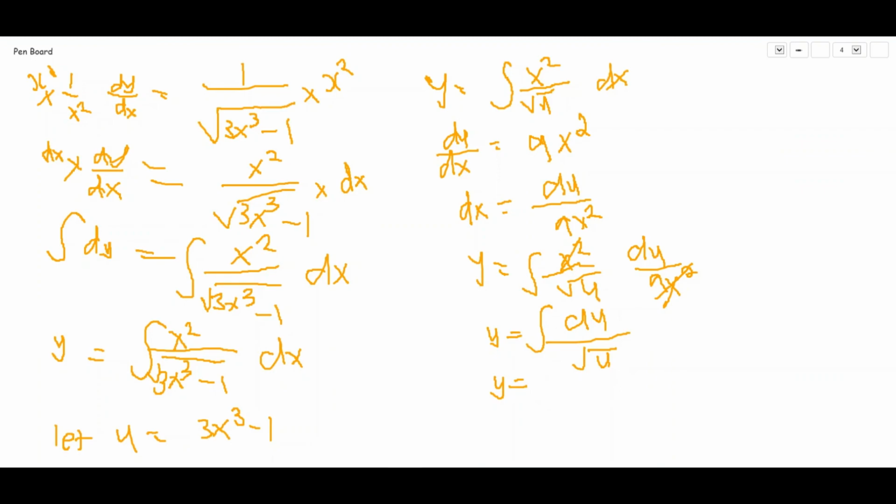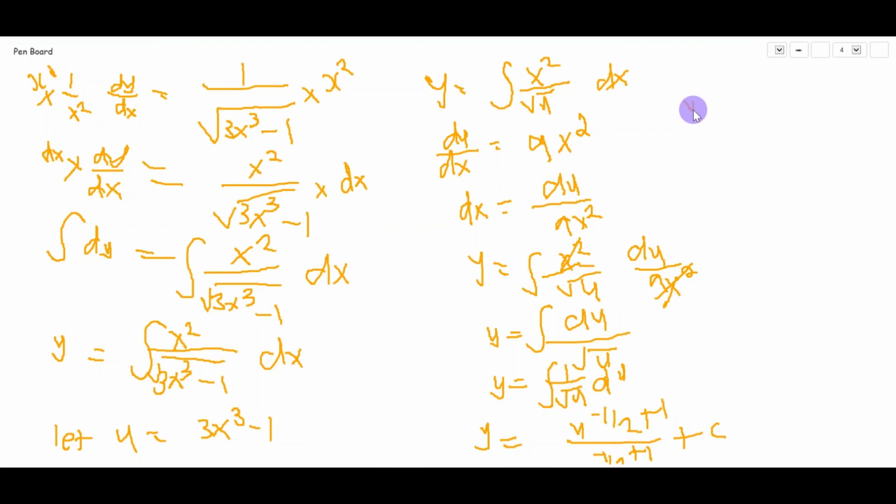Then from there we need to integrate this now. What is the integration of 1 divided by root u? It will just be u to the power of minus 1 over 2 plus 1, divided by minus 1 over 2 plus 1, plus c, right?